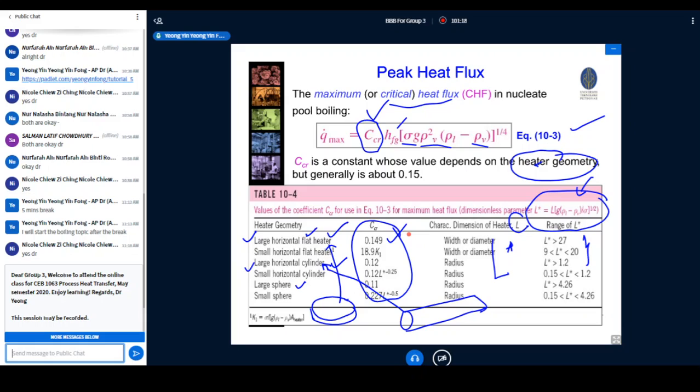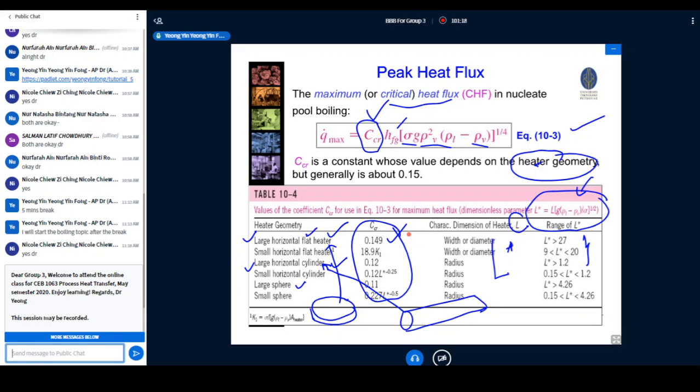The next class will be utilizing these equations. The next one will be the minimum heat flux. Again, for nucleate boiling, peak heat flux and minimum heat flux, all the properties will be evaluated at T saturation. So Q min is very easy: just the rho L, rho V, and sigma value.